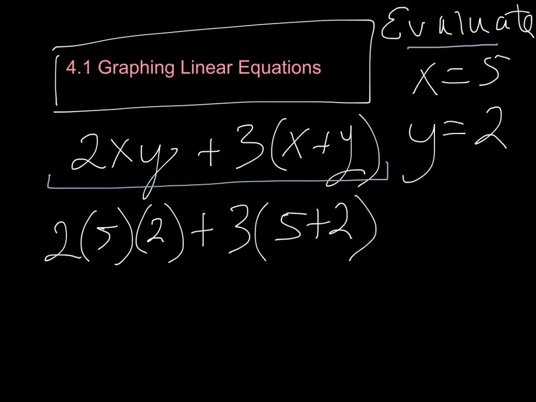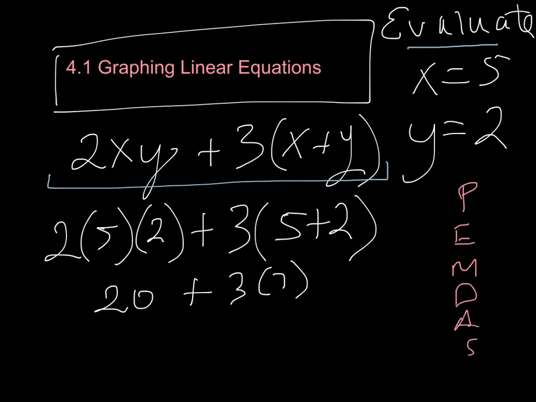And now 2 times 5 is 10, times 2 is 20, plus 3 times 7, because 5 plus 2 is 7, because now we want to remember PEMDAS, the order of operations. We have parentheses, exponents, multiplication, division, addition, subtraction. And really, these two can be done simultaneously, and these two can be done simultaneously.